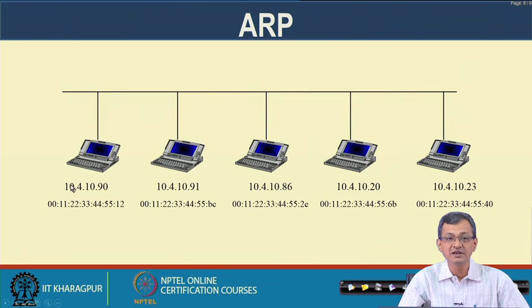Typically, for IPv4, this is a 4 byte address space and the physical address is a 6 byte address space.